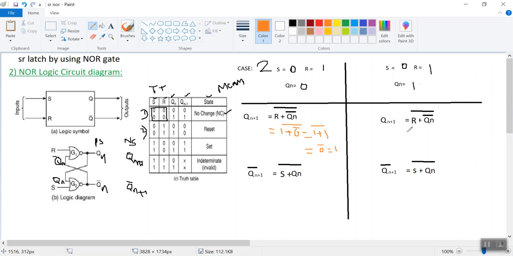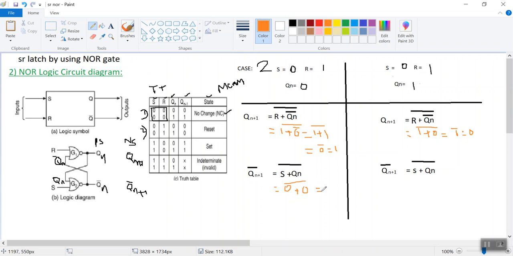In a similar way, in this particular case, R value is 1 and Qn value is 1, 1 complement is 0, so 1 plus 0 whole bar. So 1 plus 0 means 1, 1 complement is 0. You are getting your resultant as 0. In this particular case, S value is equal to 0, 0 plus Qn value 0 and whole bar.